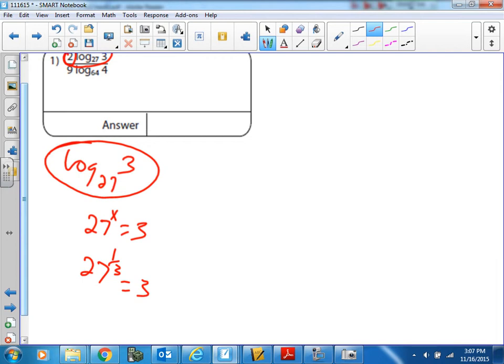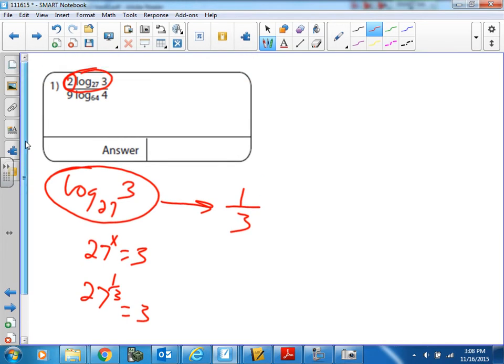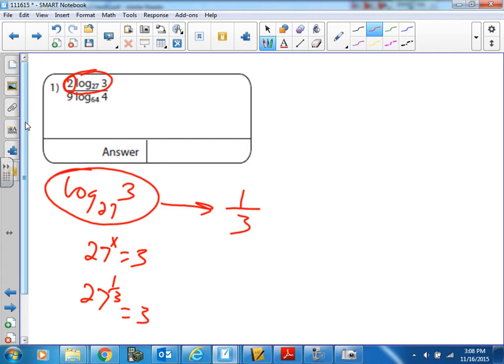So when we evaluate just the part that's log base 27 of 3, that actually gives us 1/3, because that's the fraction that it produces. So our top here, don't forget that 2, because that 2 is being multiplied by log base 27 of 3, which we just found to be 1/3. So it's 2 times 1/3.